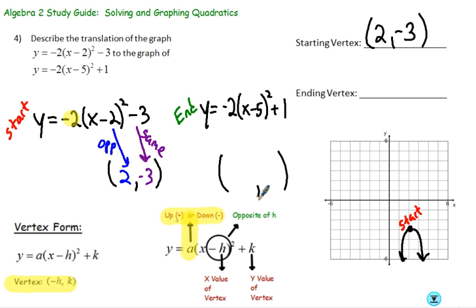Again, you have to take the opposite. So this would be the opposite of a -5, which would be a +5. And then, again, the k value, the last number, just stays the same. So +1 would stay the same. So that means my ending vertex there would be 5, 1.